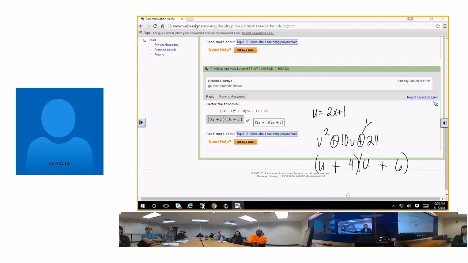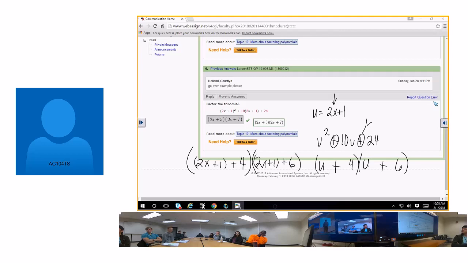Now you have your answer, but it's in terms of u. It needs to be in terms of what? It needs to be in terms of x. So you take your u and you plug it back in. 2x plus 1, I'm going to put that in a little set of parentheses, plus 4, and 2x plus 1 plus 6.